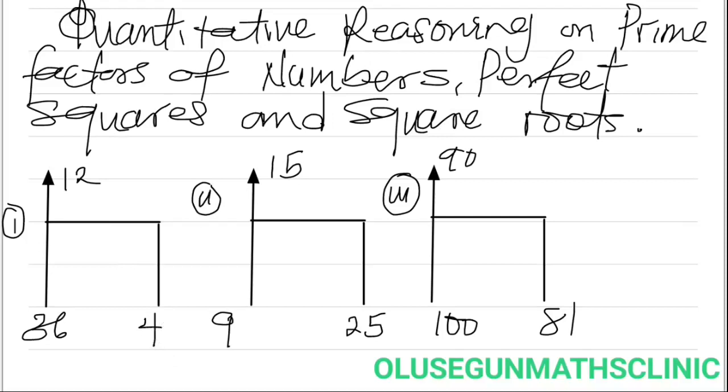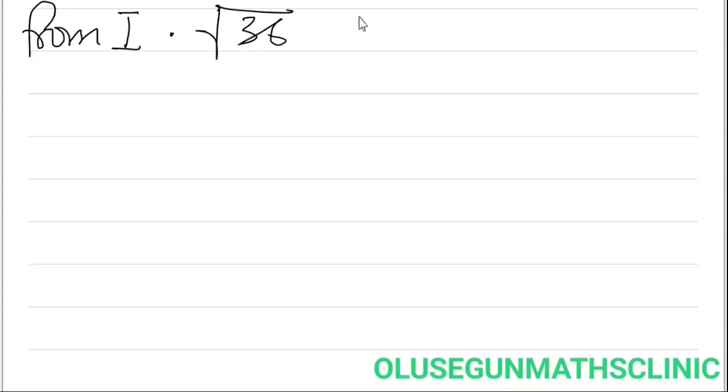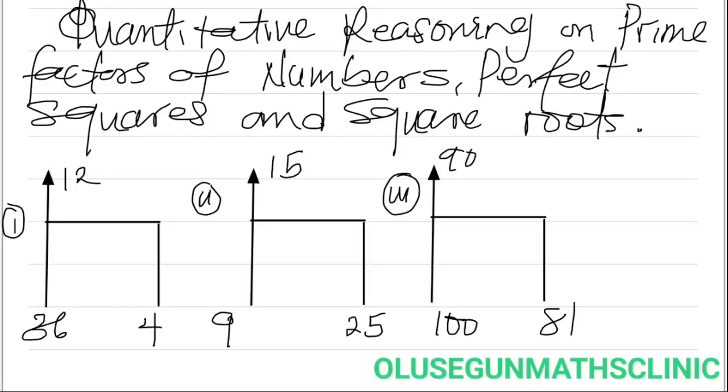So let me give you a better analysis. From figure 1, the square root of 36 gives us 6. Therefore, 6 times 2 will give us 12. Where do you get the 2? Is a question that you must reason out. That's what we call quantitative reasoning.